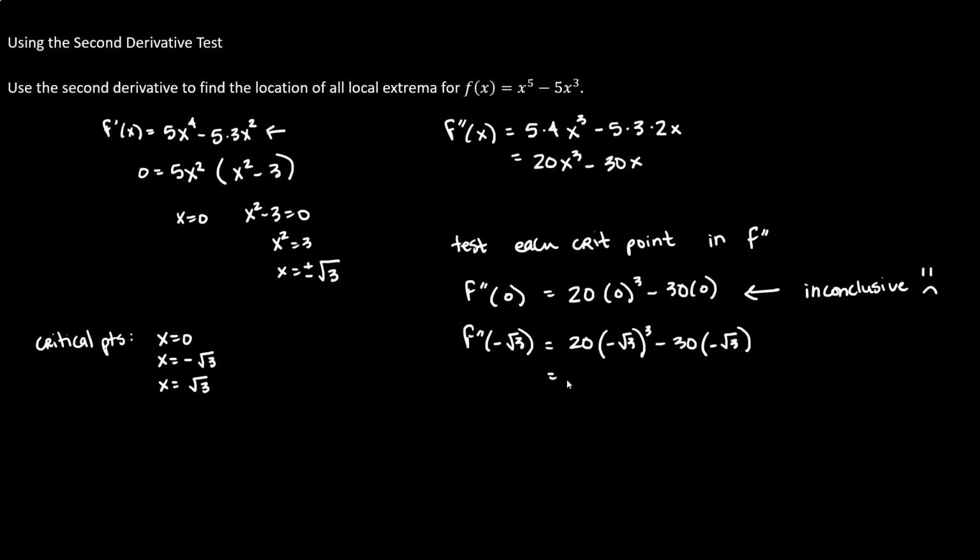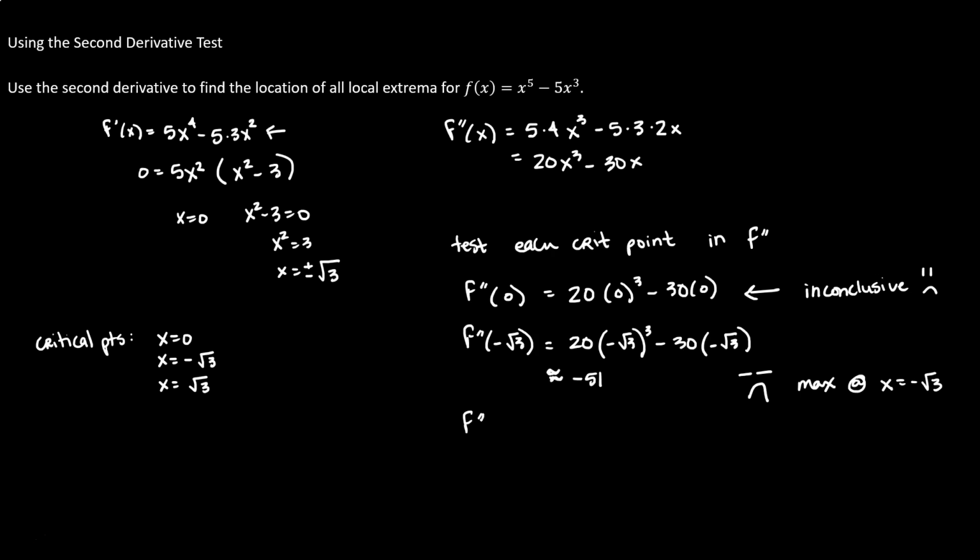Which does bring our number closer to a positive, but ultimately, type that into your calculator, you'll see that you get something like negative 51. So I'm going to put approximately negative 51, which means the second derivative is negative, concave down, which gives us a max. So we have a maximum at x equals negative root 3.